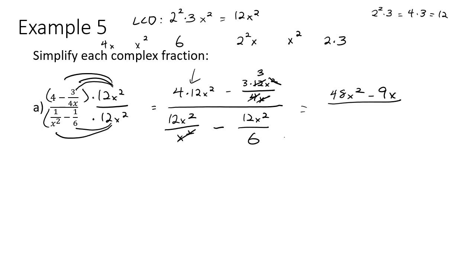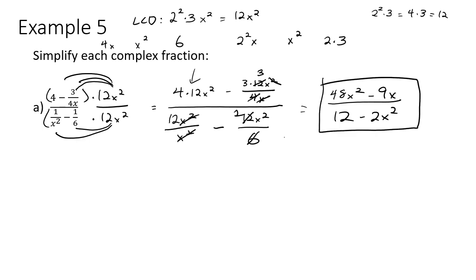And the denominator in the bottom left, the x squareds cancel perfectly. And then in the bottom right, the 6 will divide into the 12, leaving us with a minus 2x squared. And so this would be the simplified version of the complex fraction.